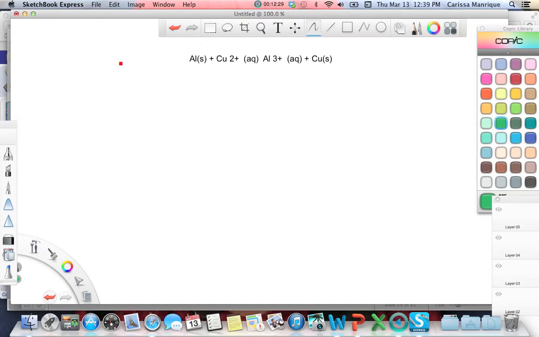Right here, see my aluminum and aluminum will go together, so I'll have aluminum solid go to aluminum 3 plus.